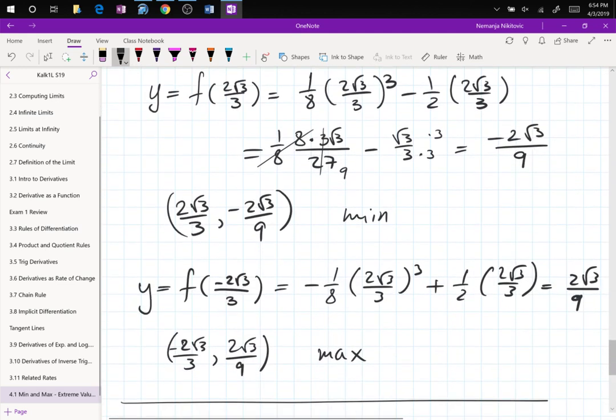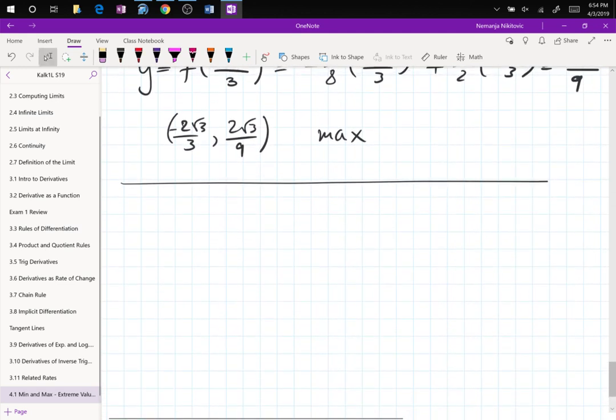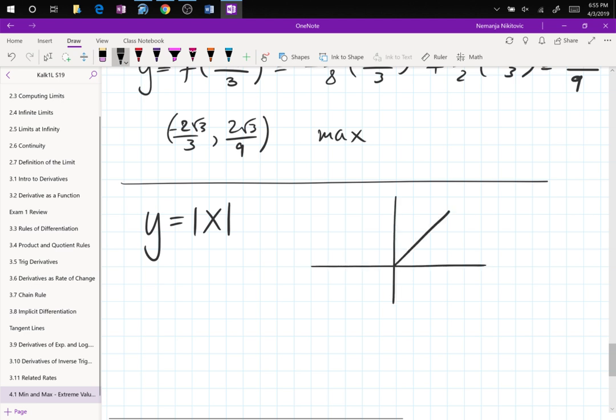The most famous case of all is y equals absolute x. What is this? It's a V. It's a corner. So it's not differentiable at that spike at x equals 0.